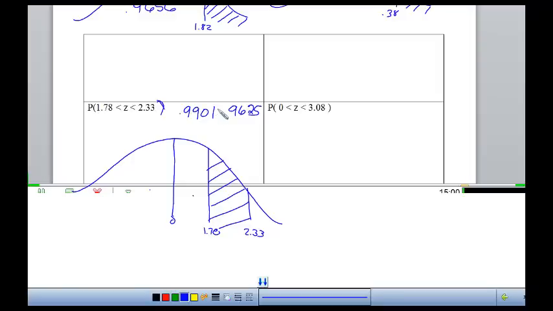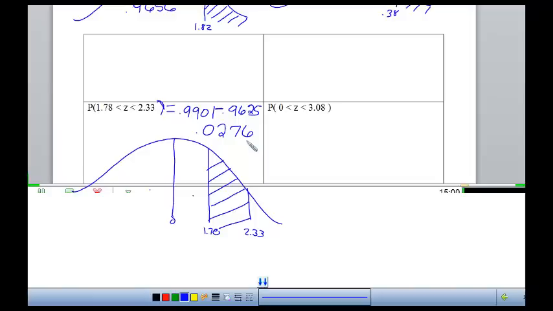We're going to subtract those two. And so we get what? 0.0276. Questions about that?